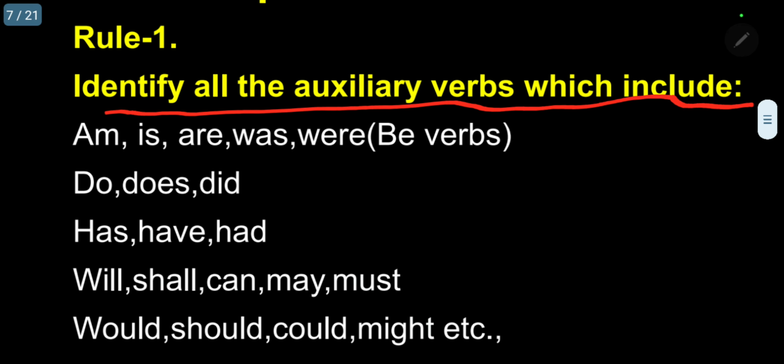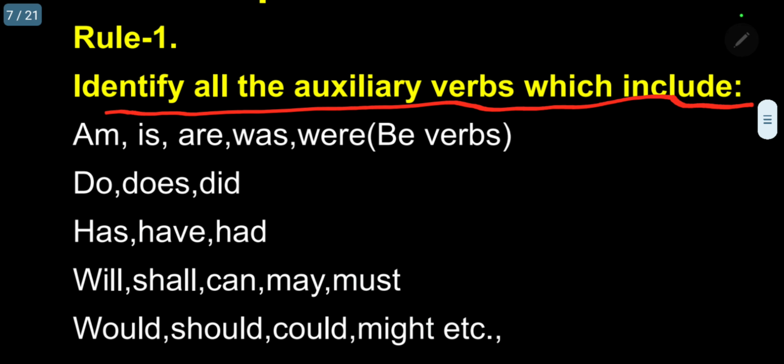Non-finite verbs are of 3 types: infinitive, gerund and participle. Infinitive, for example, to go, to eat. Gerund, with ing: going, eating.